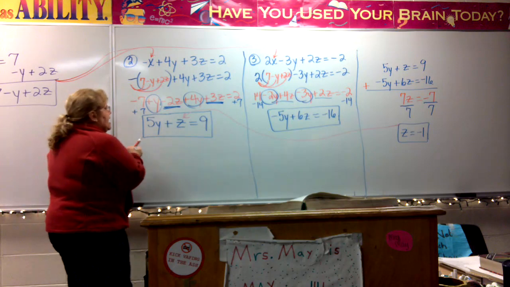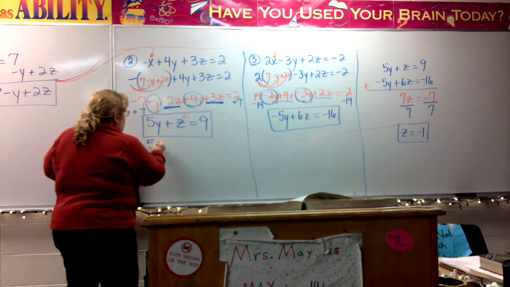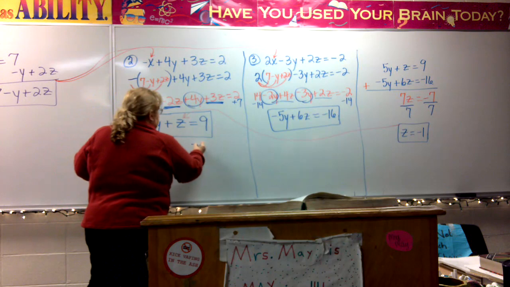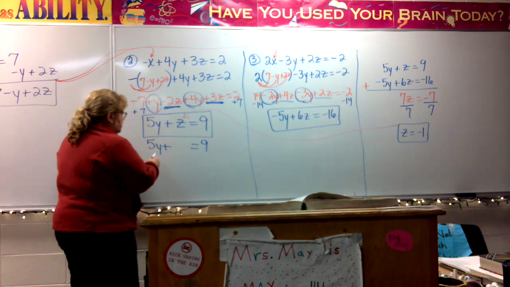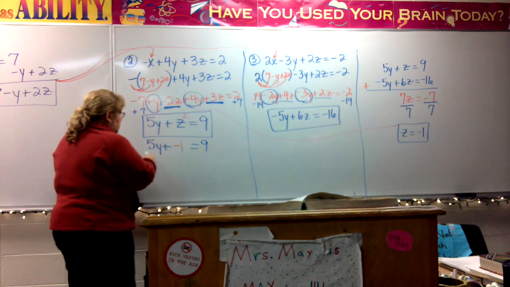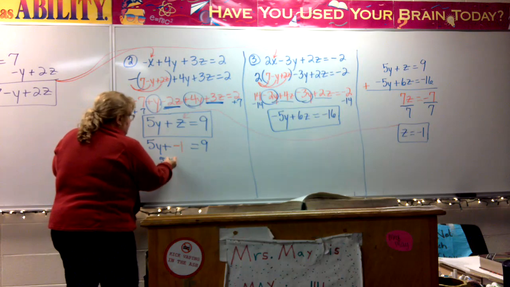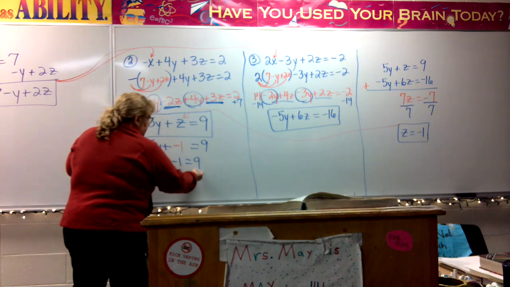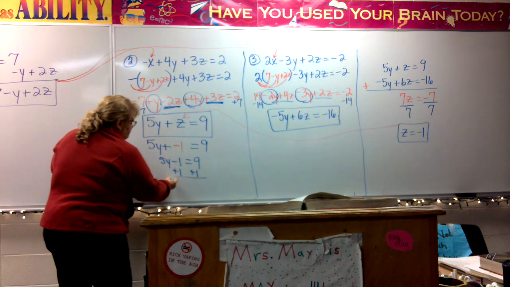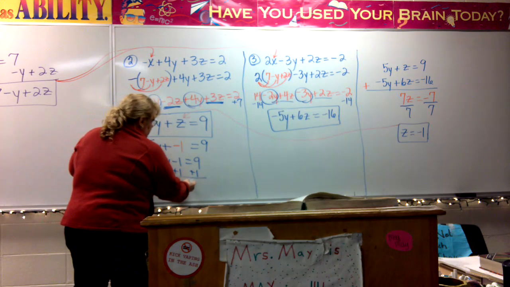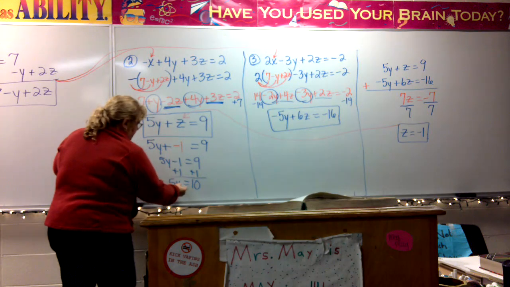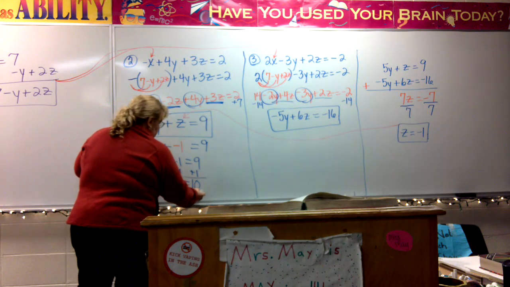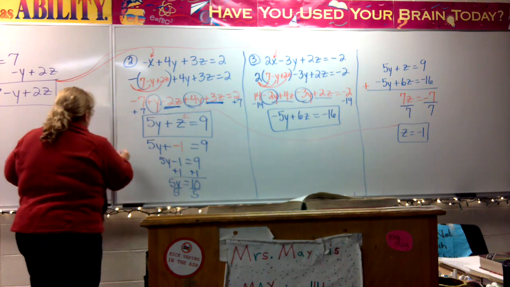So I have 5y plus z equals 9, but what is z? -1. So 5y minus 1 equals 9. Add the 1. And I get 5y. Y equals 2. So I get y equals 2.